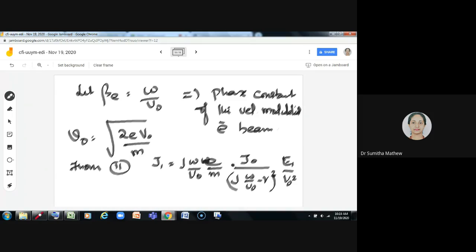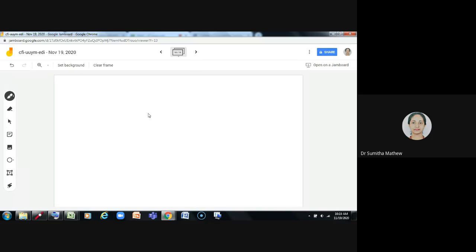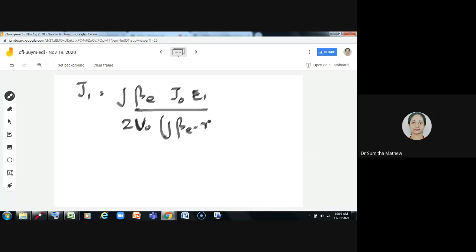Now substitute the V naught equation, root of 2e V naught by M, and beta equal to omega by V naught. Manipulating, finally you will get J1 is J beta E J naught E1 by 2 V naught into capital V naught into J beta E minus gamma whole square.